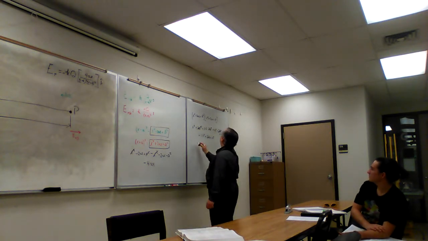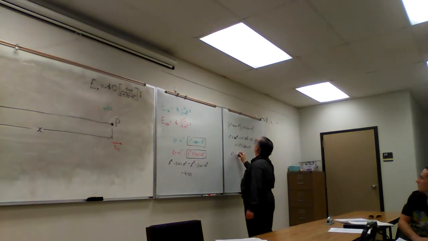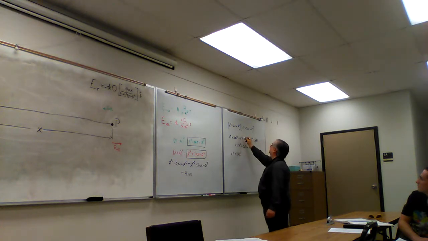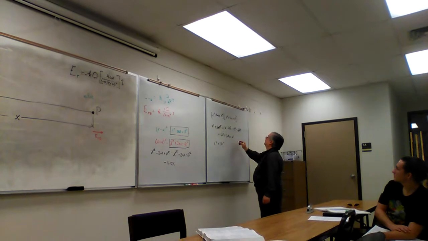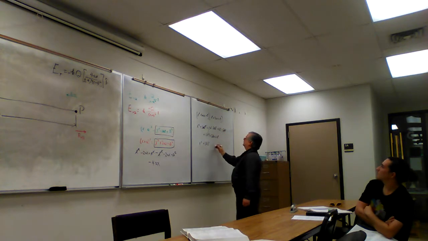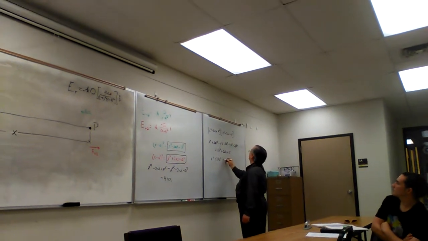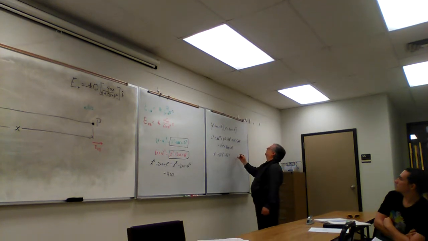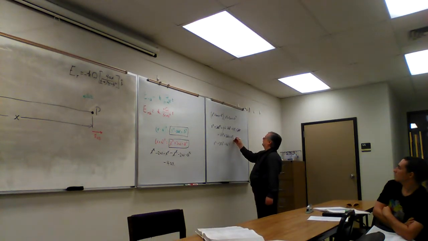So that's x to the fourth plus 2 times a squared x squared. That's these two. Let's see. Minus 4a squared x squared plus a to the fourth.